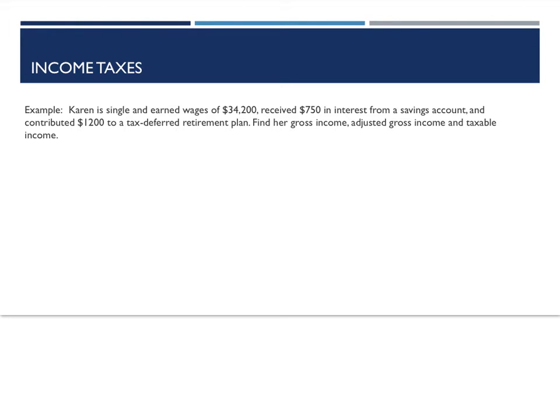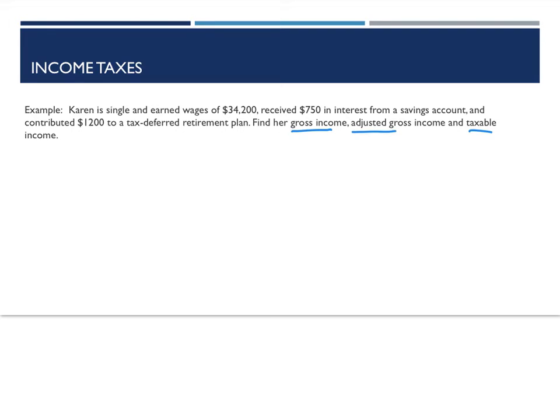Now here's where we put some of those definitions into play, because they're not just definitions that you need to remember, they're definitions that you're actually going to have to use to work problems. First one is just going to be to find gross income, adjusted gross income, and taxable income for someone.